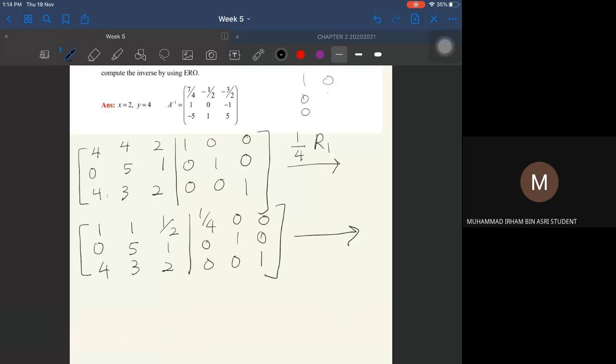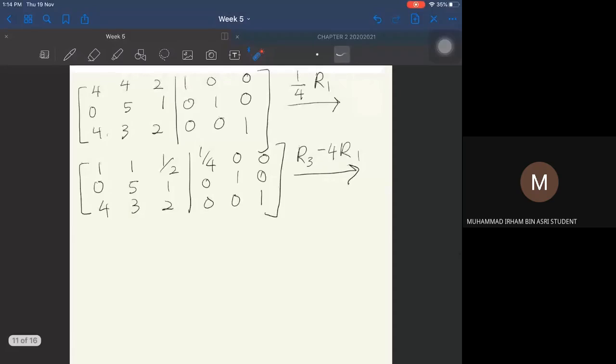Tolak 4. So kita akan depends pada row yang pertama. So row yang kita nak ubah adalah row yang ketiga. Since this is plus 4, so you will have minus 4 R1. Okay, kita bergantung kepada R1 sebab dia dah jadi 1.